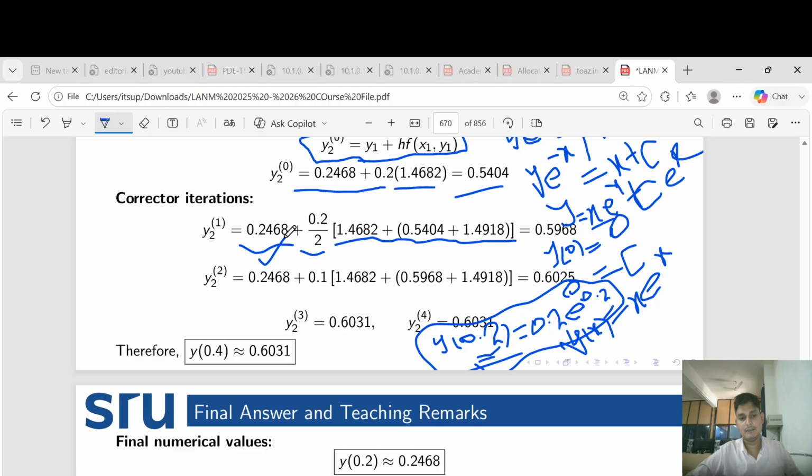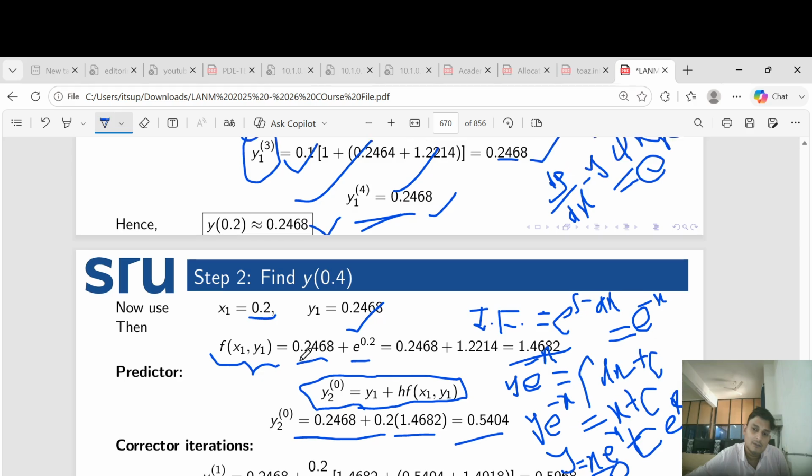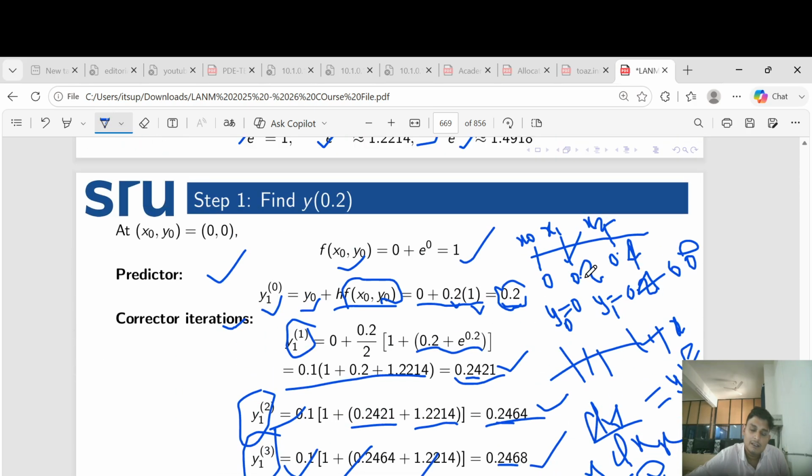Similarly, you evaluate y2, and you obtain 0.60, 0.60 and again 0.60, meaning thereby the value is accurate within the 2 decimal places. So we declare that y at 0.4 is 0.6031.